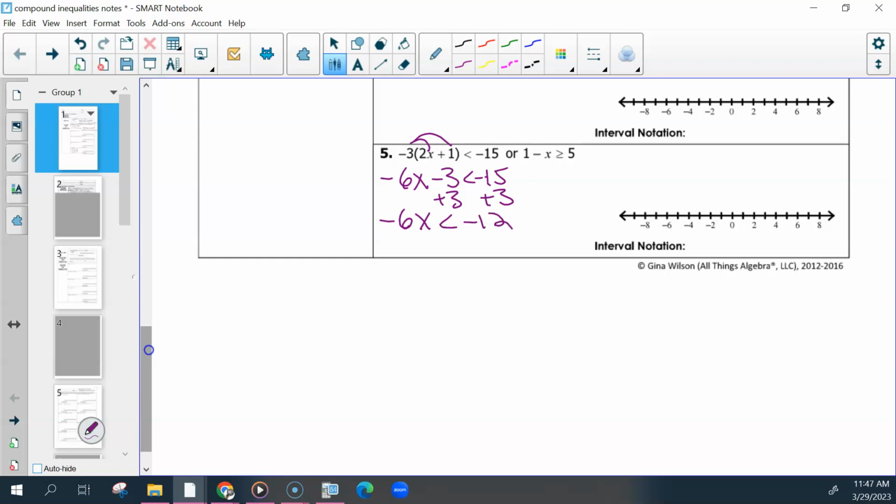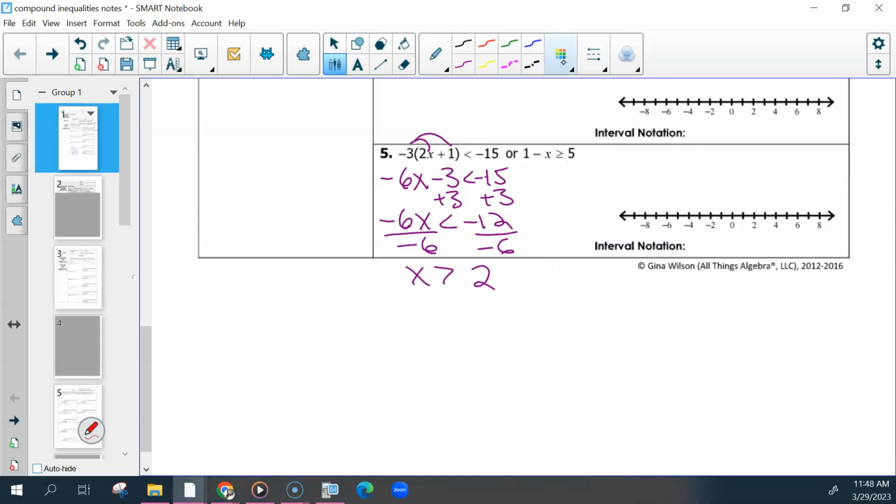We have negative 6x is less than negative 12. And divide with the sign change. And it would become positive. For these problems, don't assume that whatever's on the left is going to go to the left because the sign might change. So always work it out.